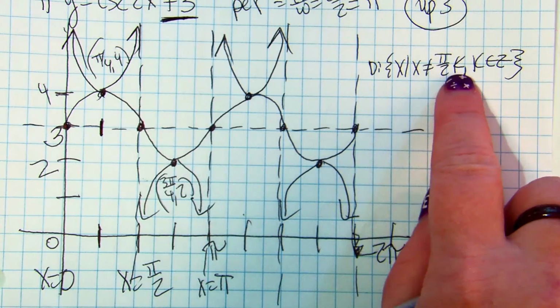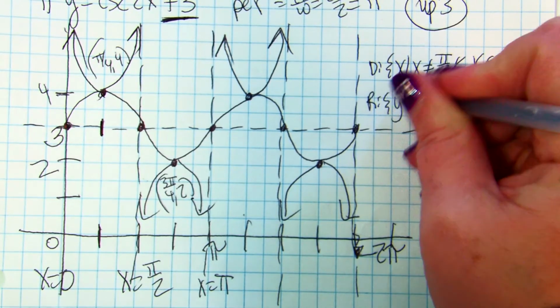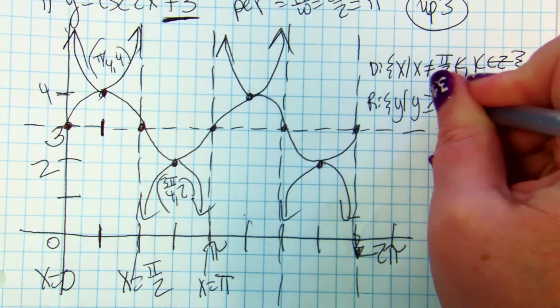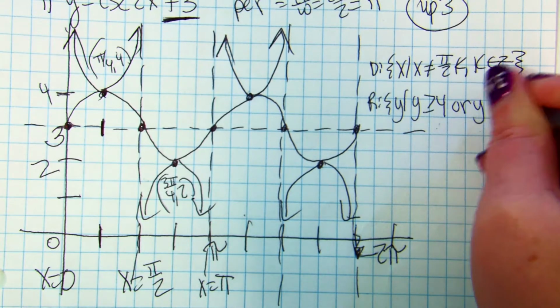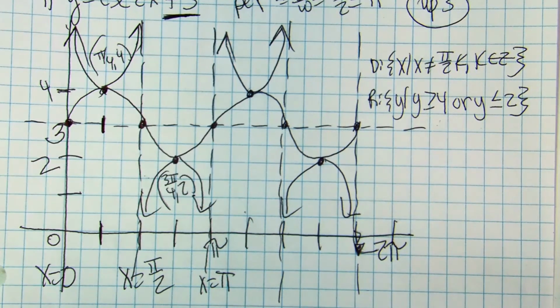Pi over 2 k, where k is an element of the integers. The range: y is such that y is greater than or equal to 4, or y is less than or equal to 2. Because we moved it up 3, so it changes from 1 to negative 1. From 1 to negative 1, it goes up 3.